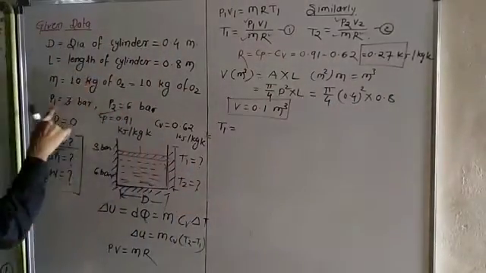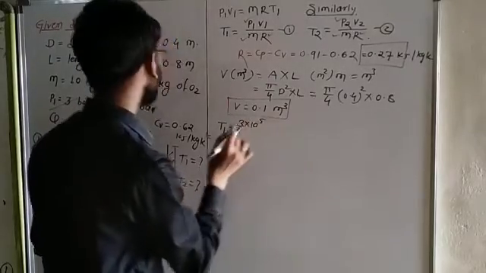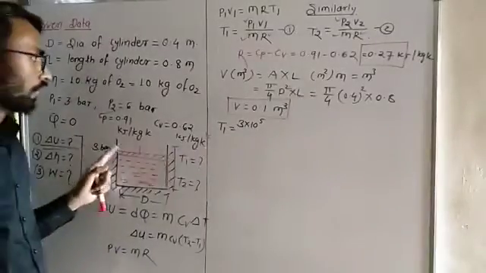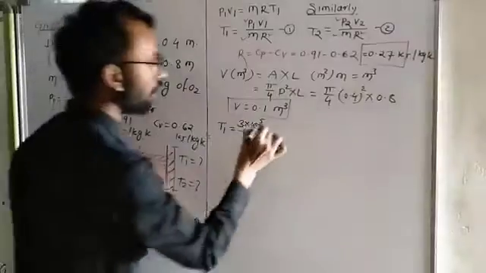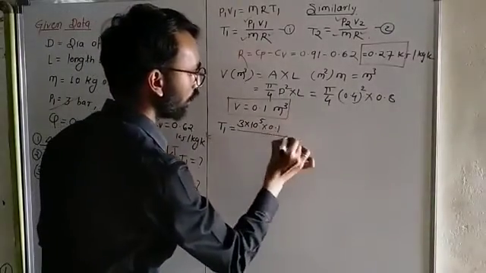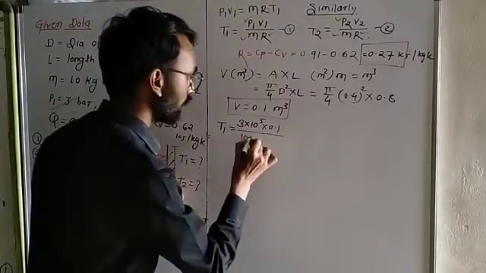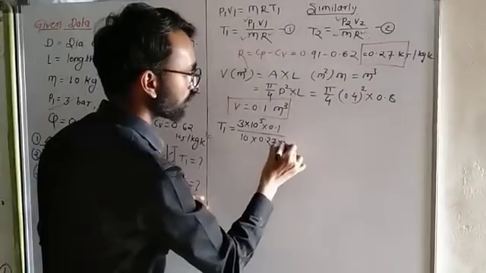The value of P1 is 3 bar, that is 3 into 10 raised to the 5, as the value is given in bar and we convert it into Newton per meter square. Volume is 0.1, mass is given 10 kg, into R 0.27 into 10 raised to the 3.